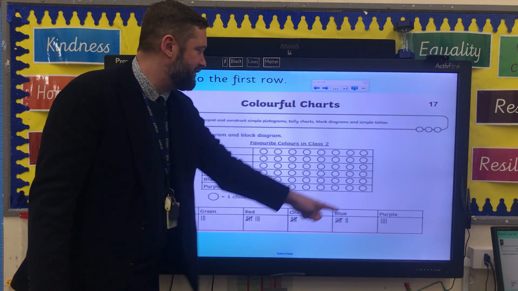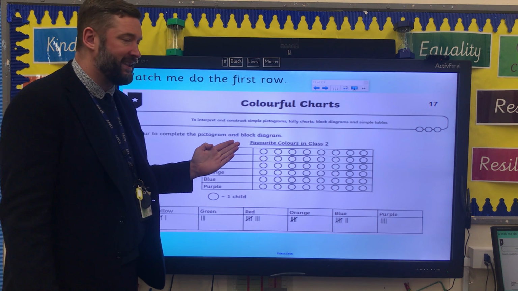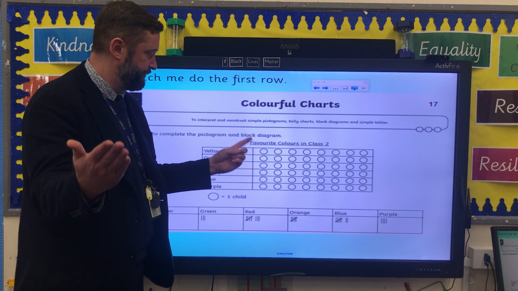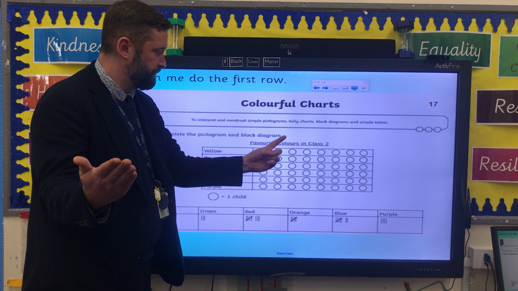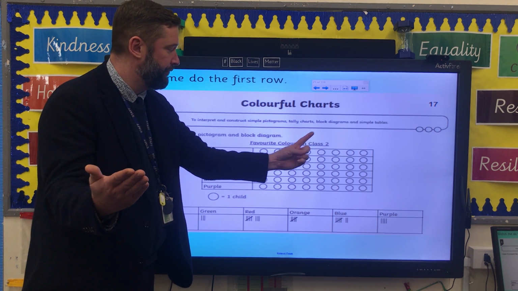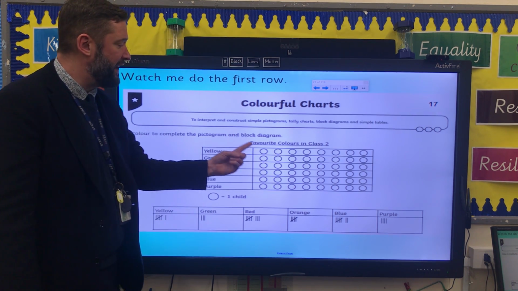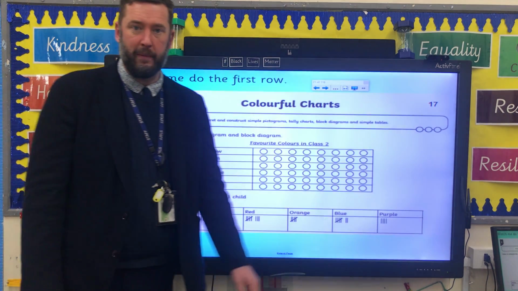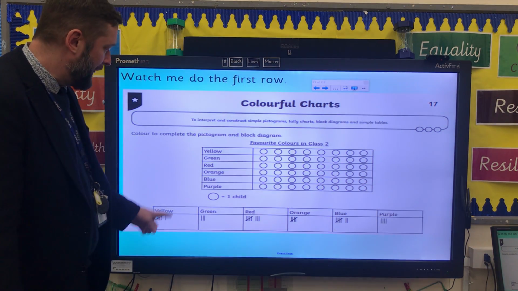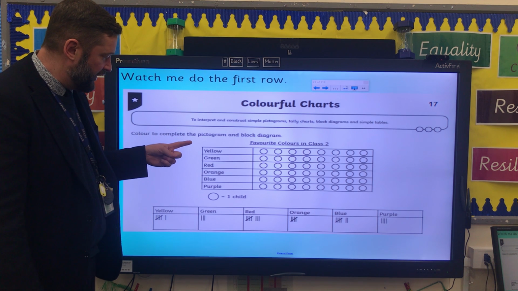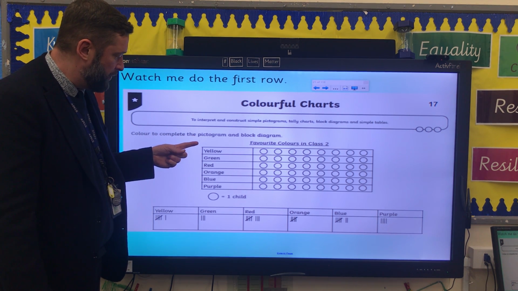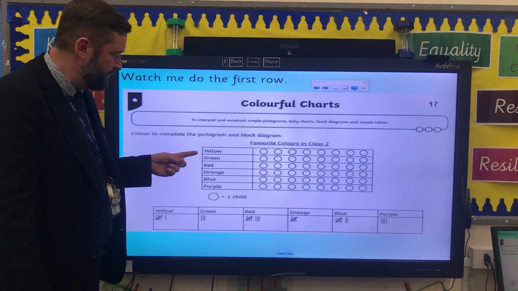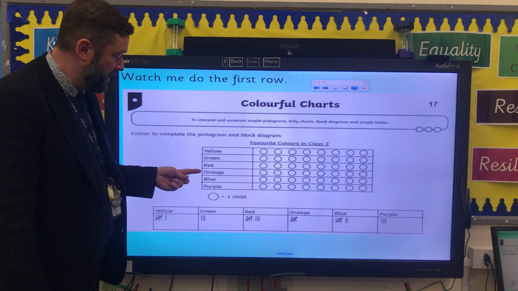So I've got my pictogram here. Read the title for me. Well done. Favourite colours in class 2. So this pictogram is going to show information about favourite colours. And most importantly, the colours are, read them for me, yellow, green, red, orange, blue and purple.